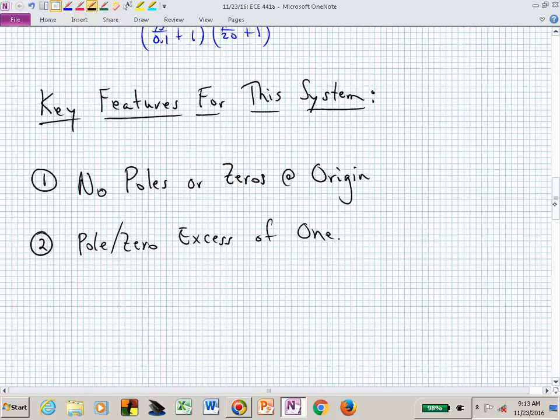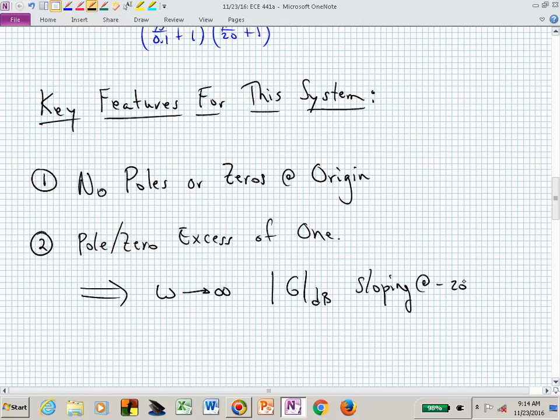And what you just told me was based on that pole zero excess of 1, that as the frequency gets big, the magnitude in dB is sloping at minus 20 dB per decade, or minus 6 dB per octave.